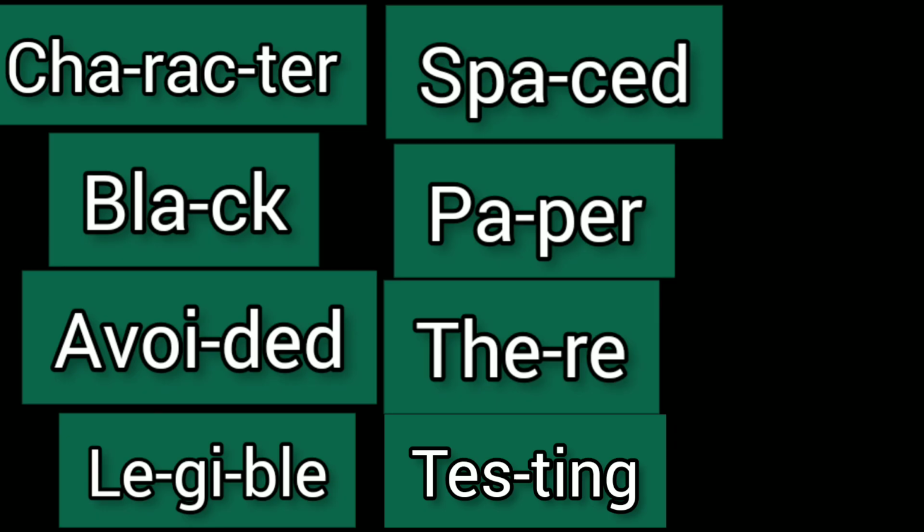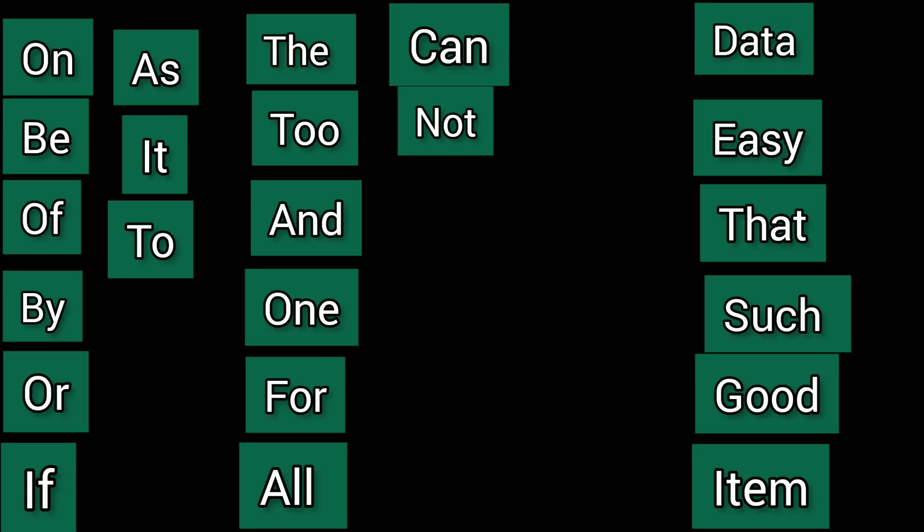Okay, so we have this list of 2-letter words, 3-letter words, and 4-letter words. We are going to see them in the comprehension, but we are going to read them first. Two-letter words: on, be, off, by, or, if, as, it, to.